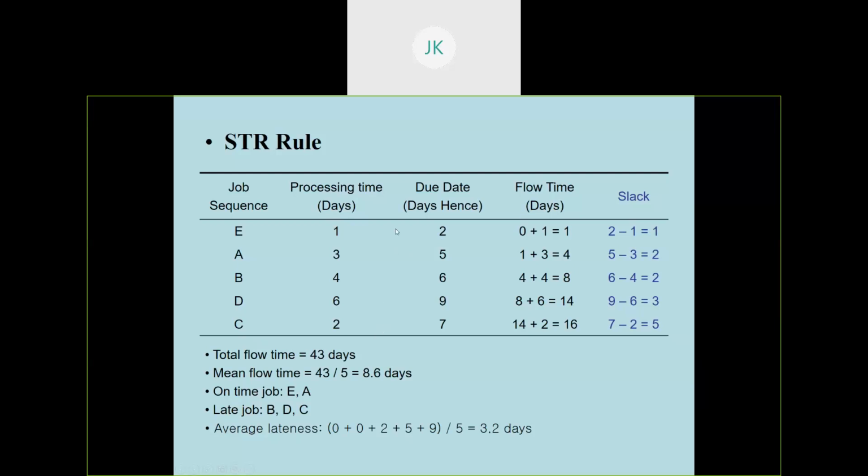So based on slack time, the sequence is E, A, B, D, C, with 43 total flow time, 8.6 mean flow time. E and A are on time, the late jobs are B, D, C, and average lateness is 3.2 days.